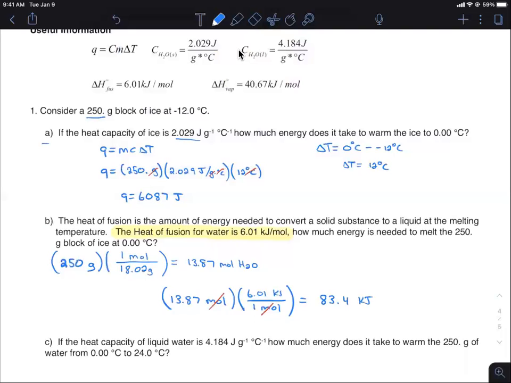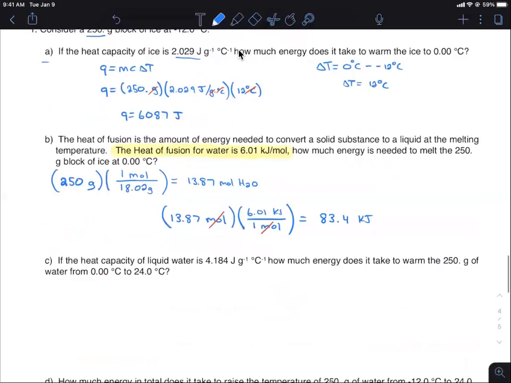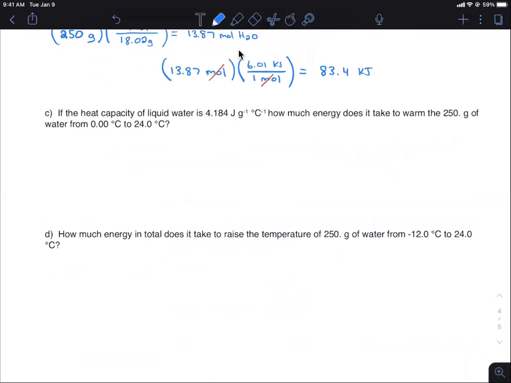The last step is now to calculate the amount of energy it takes to warm that now liquid water, that 250 grams of liquid water, from 0 degrees to 24 degrees. To answer this question, we're going back to our Q equals mc delta T. We're solving for Q. The mass is still 250 grams.